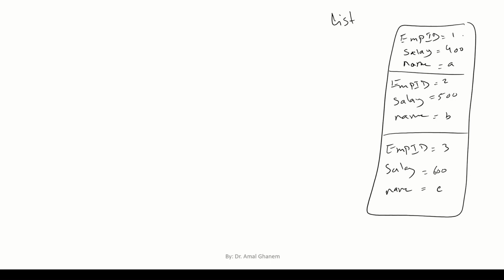We will assume I have 3 employees, ID 1, 2, 3. The salaries are 400, 500, 600, and their names A, B, C. If you calculate the sum and the average, according to this data, the average will be 500. Now what I need to do is display the ID and name of all employees with salary below 500. So I will need a for loop, and again I will go from 0.